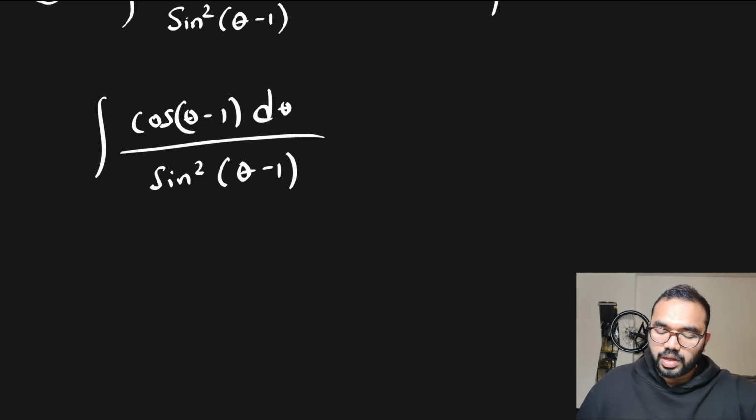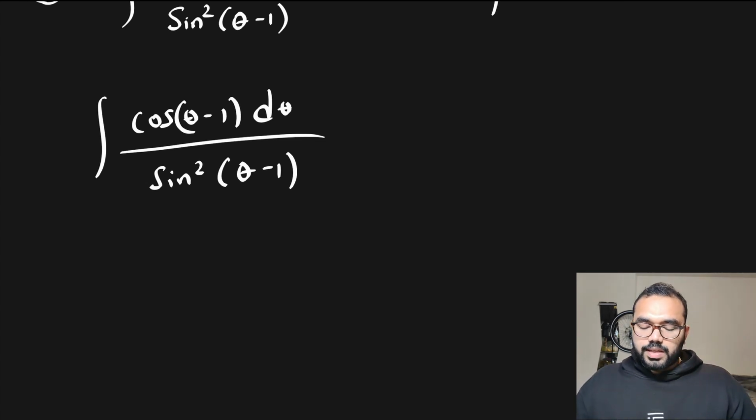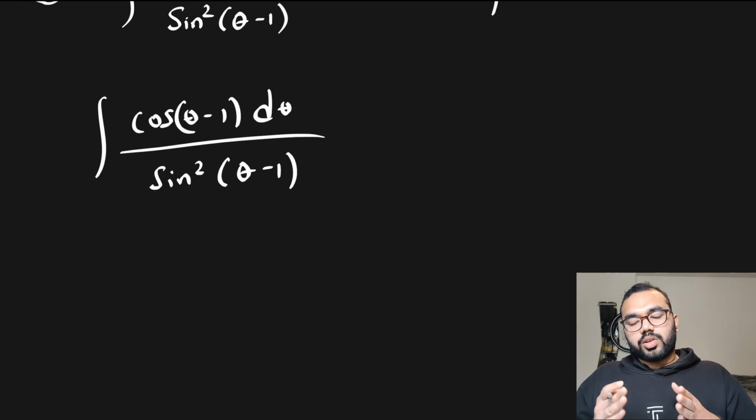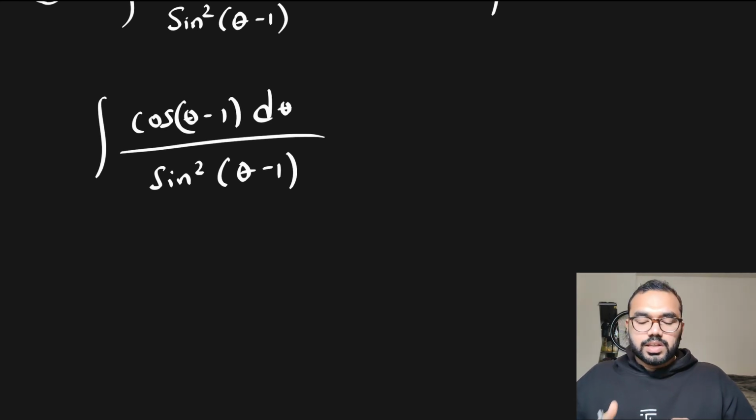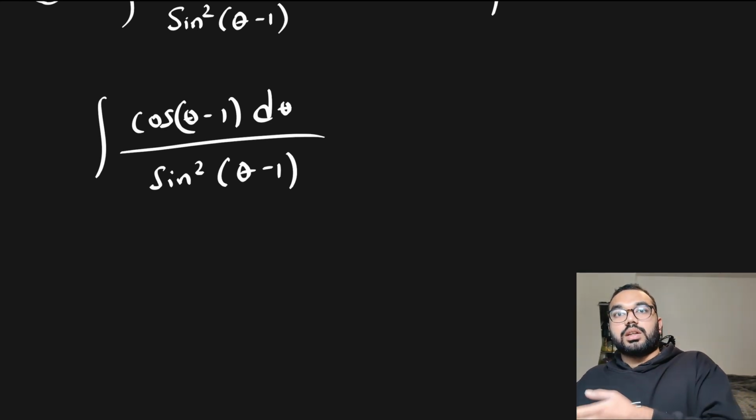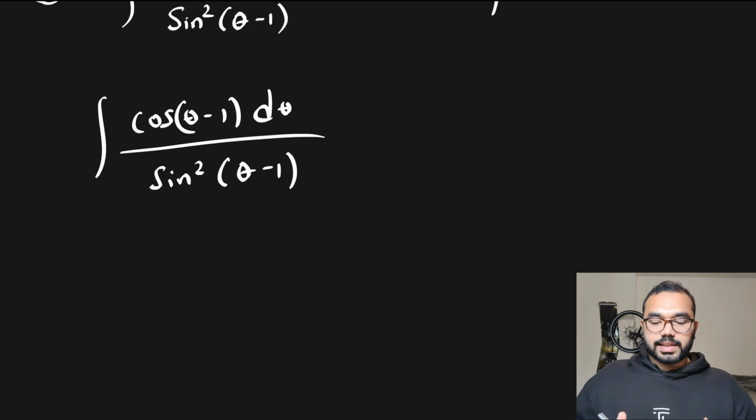Okay, so in this problem the numerator is cos of theta minus 1 d theta, which is nothing but the derivative. Cos is nothing but the derivative of sine theta, right? So derivative of sine of theta minus 1, if I derive that, I will get cos of theta minus 1 d theta, right? So that is exactly what I have.